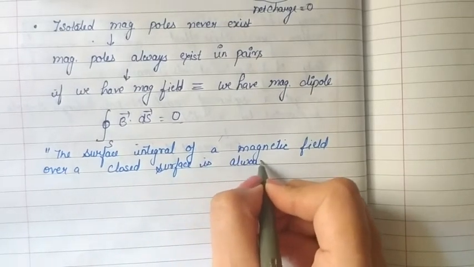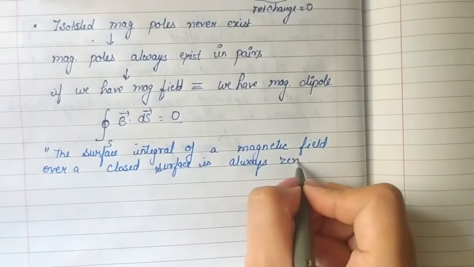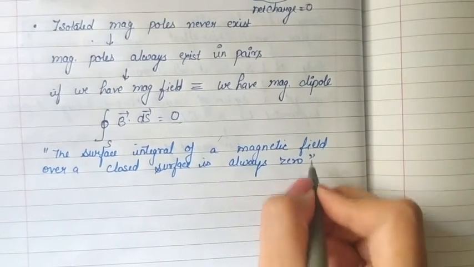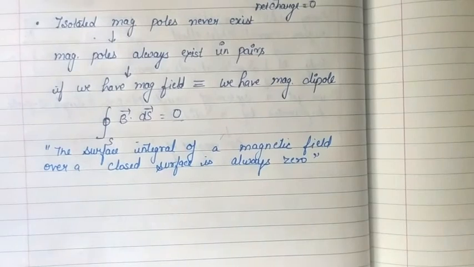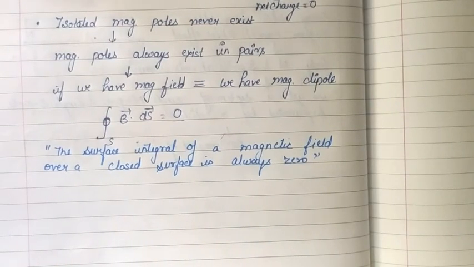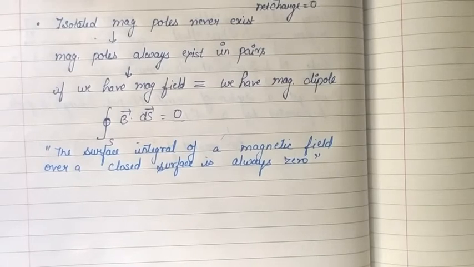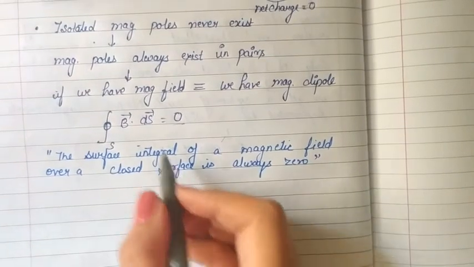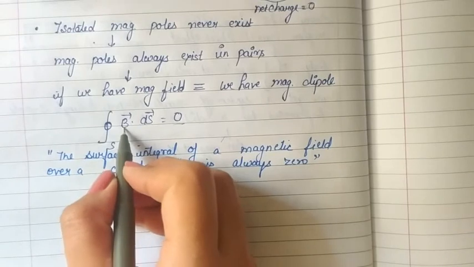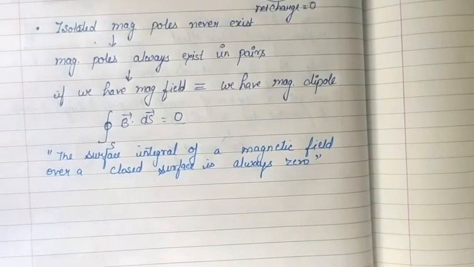The reason is that magnetic poles always exist in pairs, a monopole never exists, and if we have magnetism, there will be magnetic dipoles and their net effect will be 0. Because of that, the surface integral is always 0.